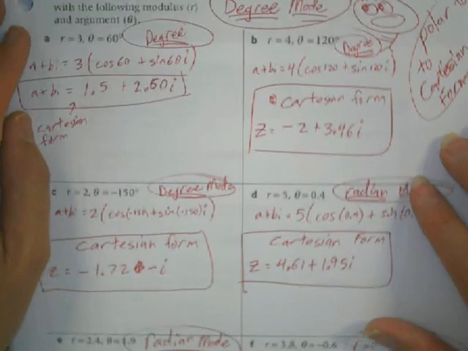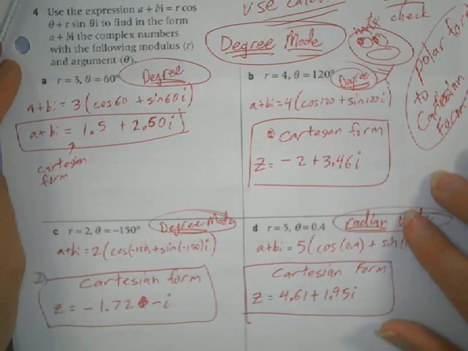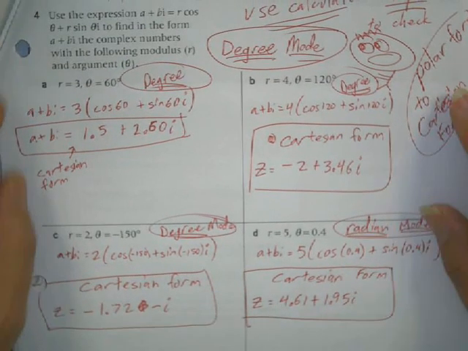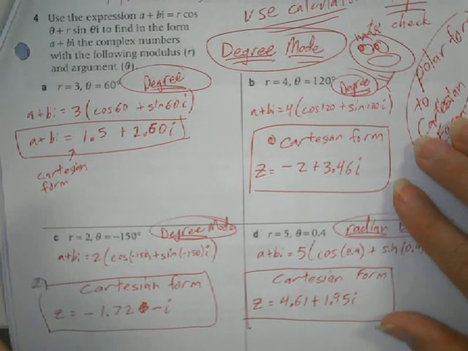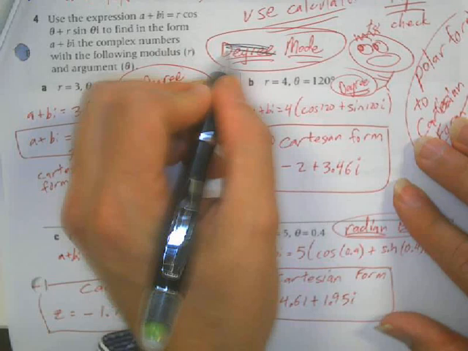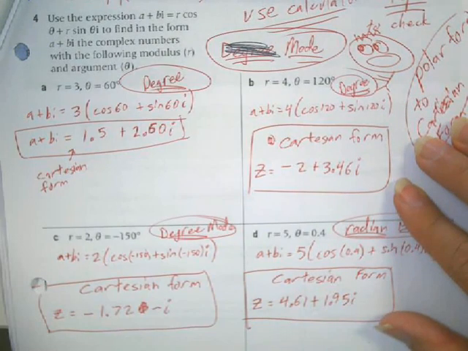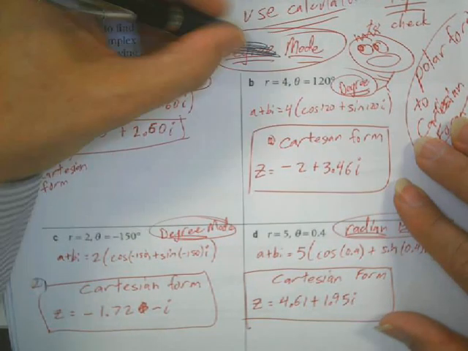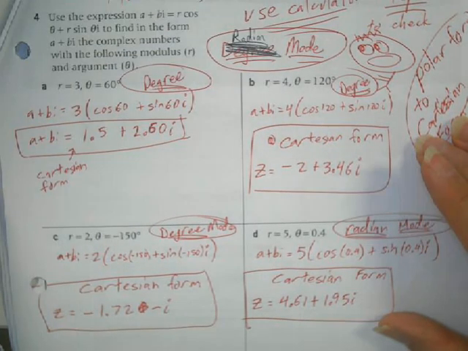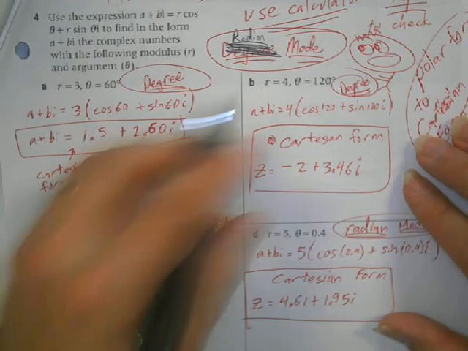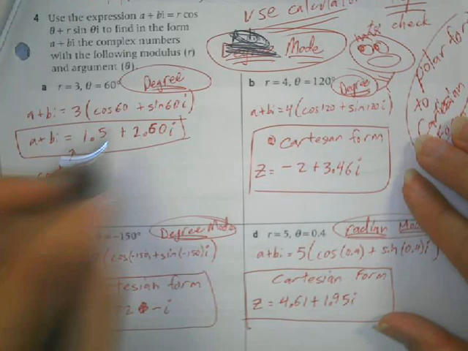Once again, we're going from polar to Cartesian form. I don't know why I said degree mode. This is not degree mode. You need to be in radian mode. Oh, I guess these two here you have to be in degree mode.